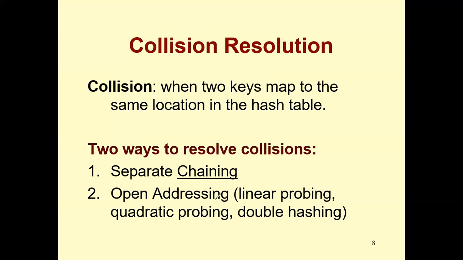We have the separate chaining. We also have the open address hashing, different open address hashing techniques like linear probing, quadratic probing, double hashing. We'll be exploring at least 2 of these in this video.